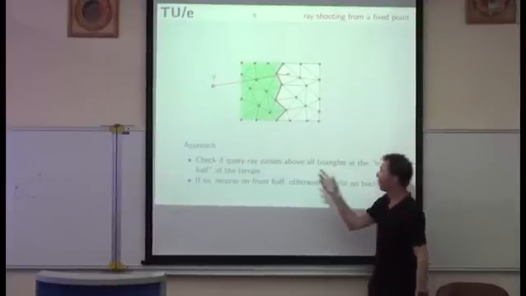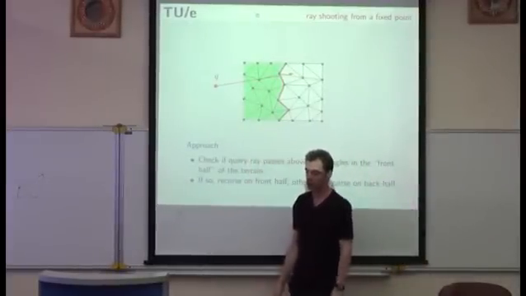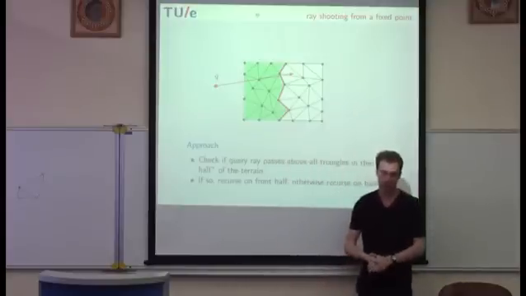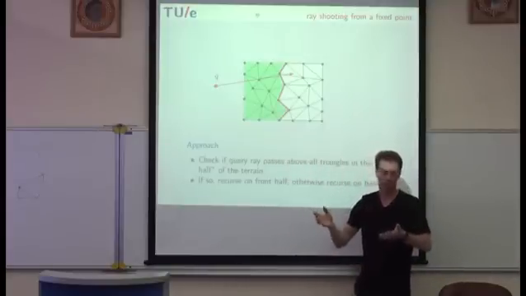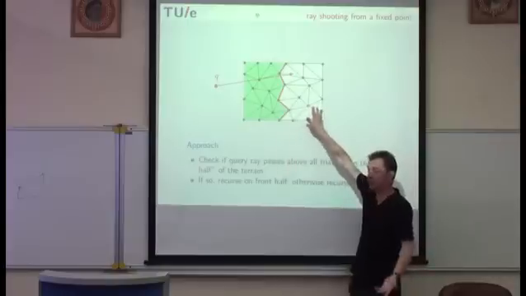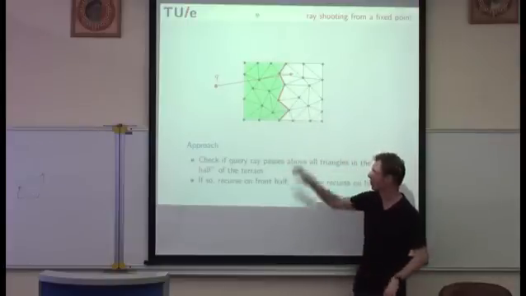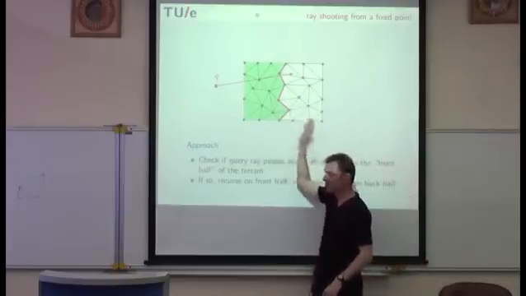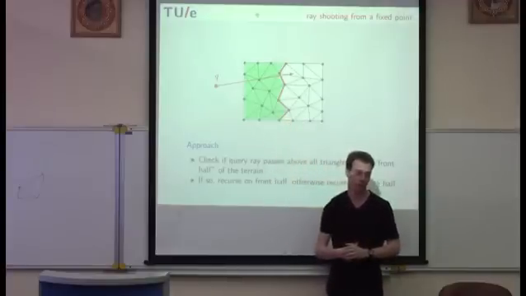On the other hand, if I miss all of the green triangles, then either I hit nothing, or if I hit something, it must be one of the white ones, because I'm missing all the green ones. So now perhaps you can do some kind of binary search to find out which triangle you hit.